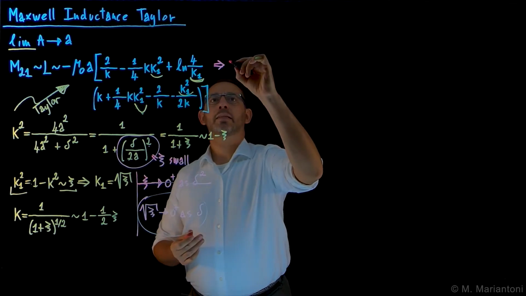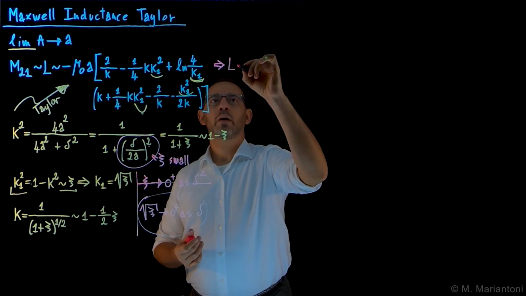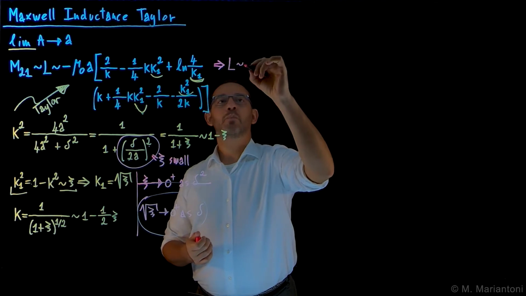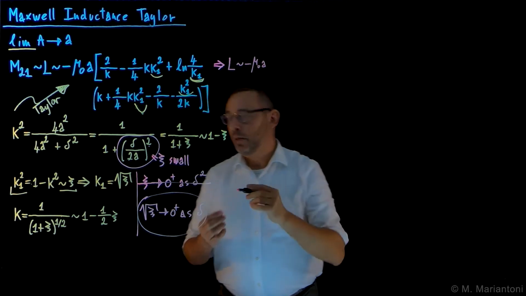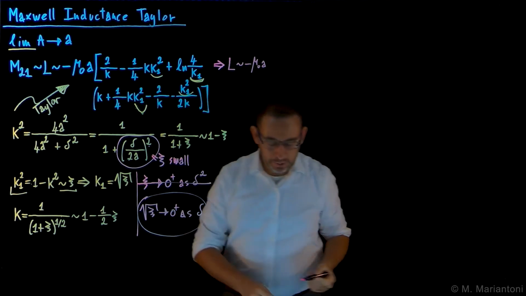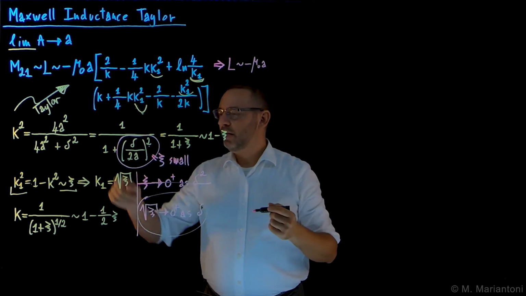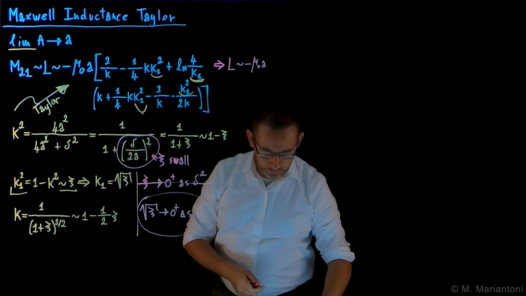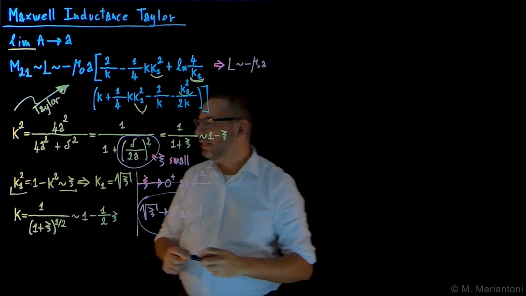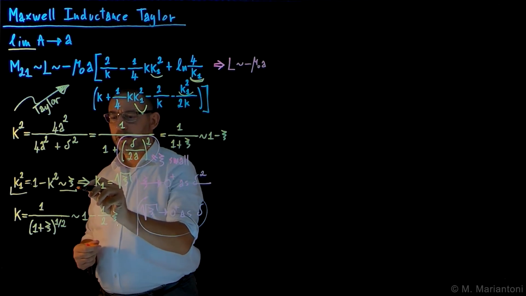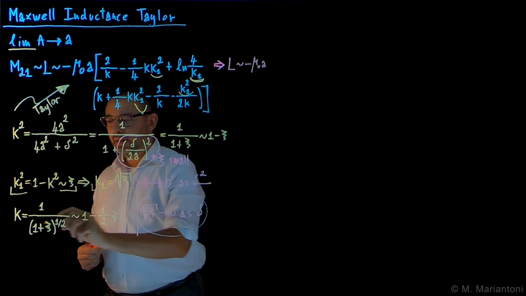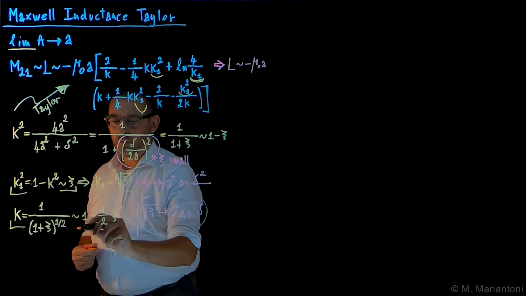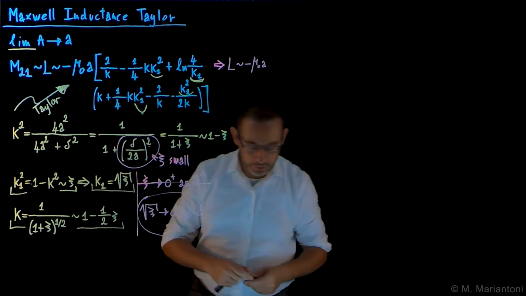So the self-inductance L is going to be approximately given by minus mu naught A, and then what do we have? Okay, let's plug in all these series. 2 over k, where is our k? So let me highlight all the various things we need here. So k1 squared is psi, k1 is square root of psi, and k is 1 minus 1/2 psi, okay?